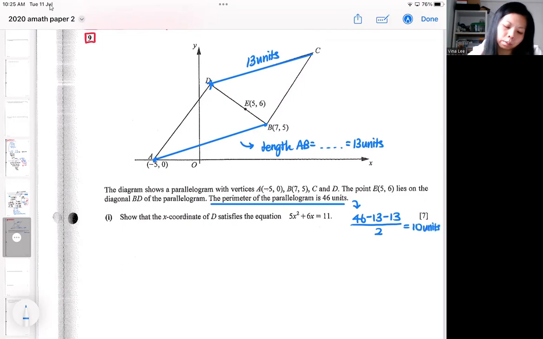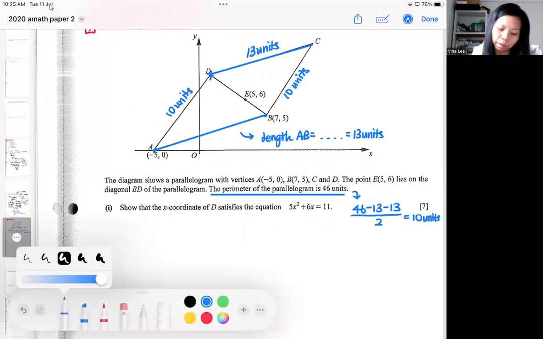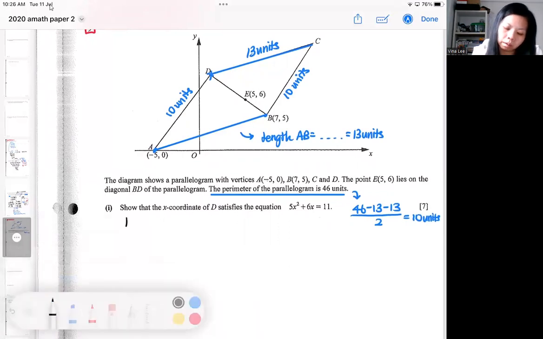So these 10 units will be for these two parts. So your job is to make use of the 10 units to get some information on D. So let D be (x, y).